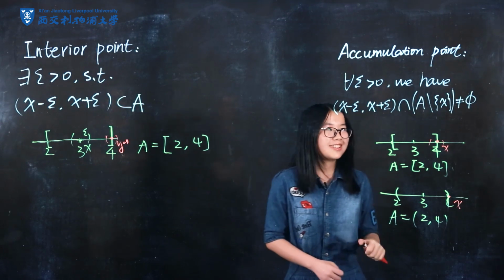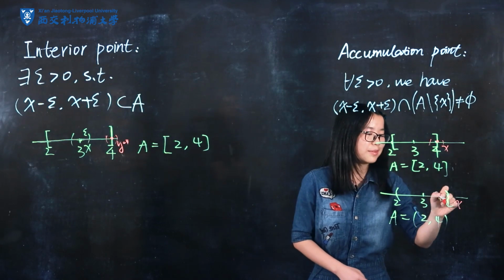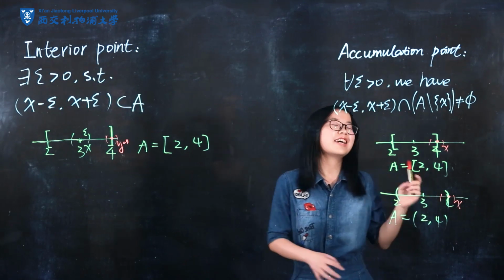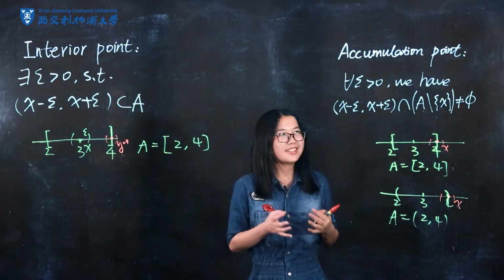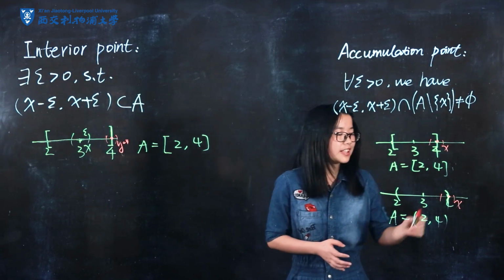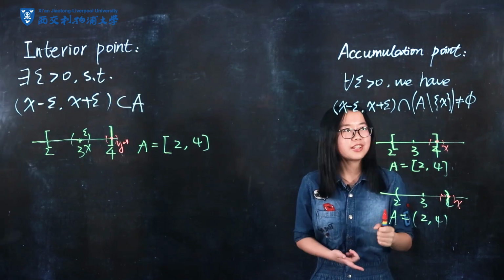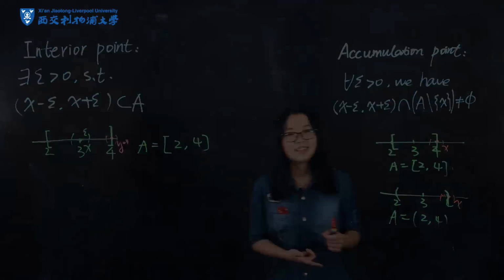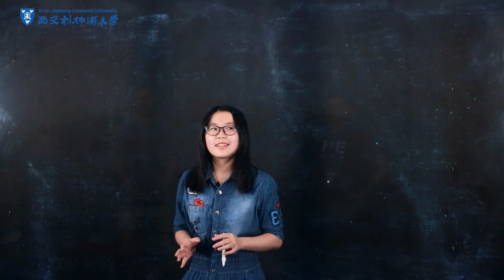Well, it is still an accumulation point, because for every epsilon larger than 0, you can still find some points here such that the intersection is not empty. So now let's move on to the concepts of open sets and closed sets.